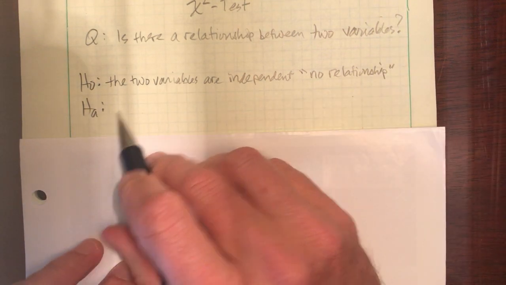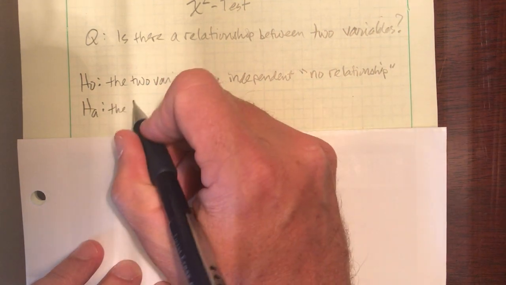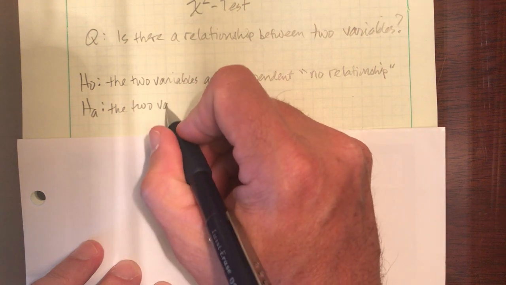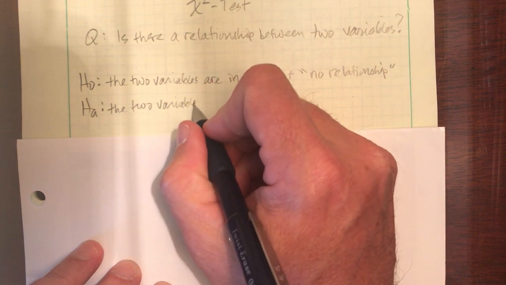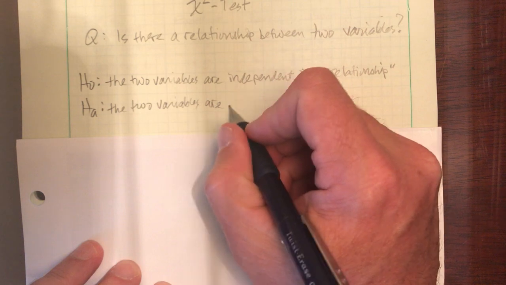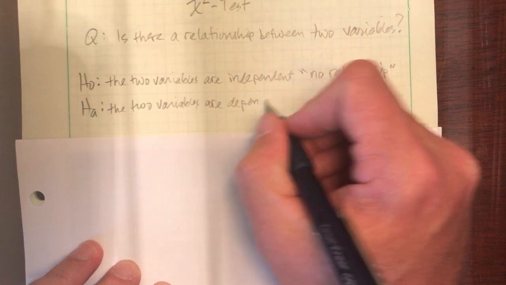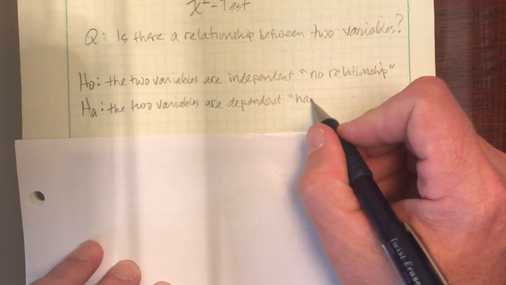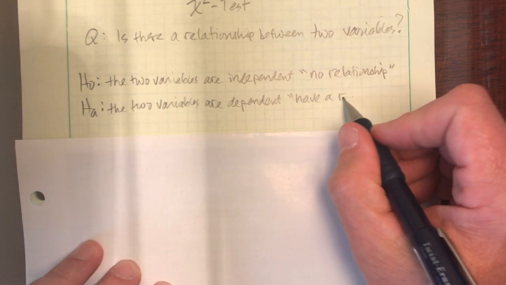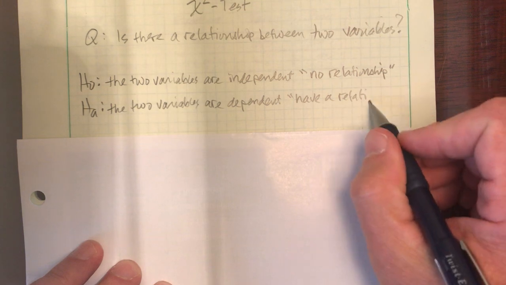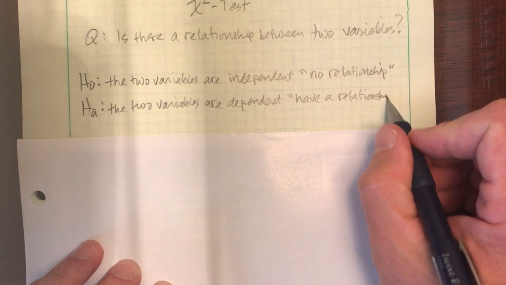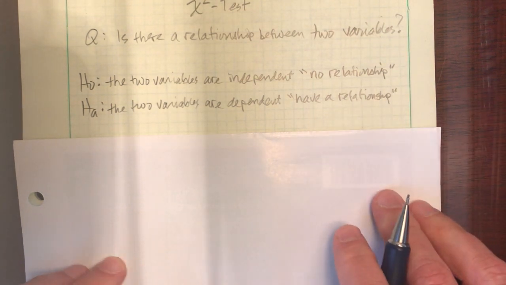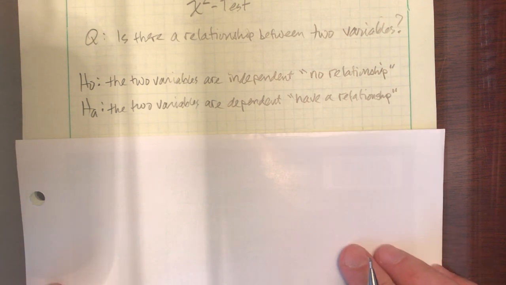The alternative is the two variables are dependent. In other words, they have a relationship. So keep that in mind as we work through two examples together, what the chi-square test is ultimately looking for.